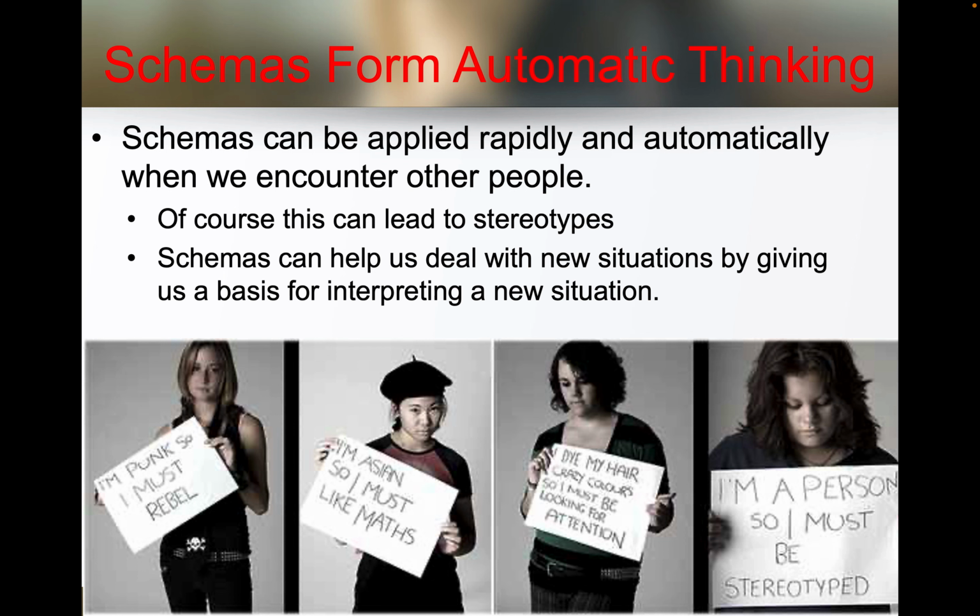Schemas can be applied rapidly and automatically when we encounter other people. Of course, this can lead to stereotypes, and stereotypes are not always good. Schemas can help us deal with new situations by giving us a basis for interpreting a new situation.